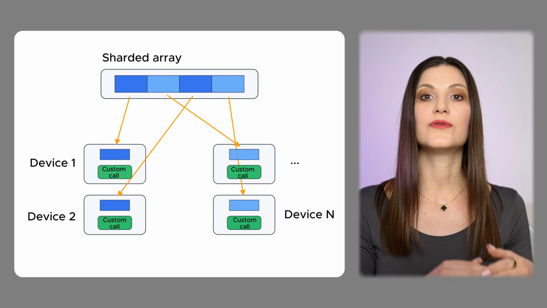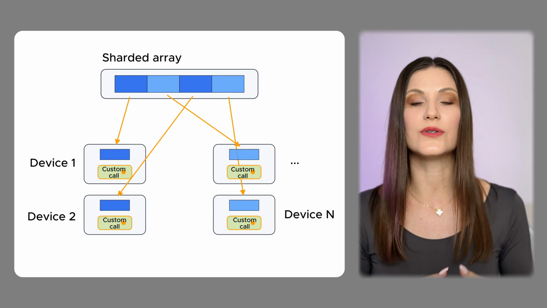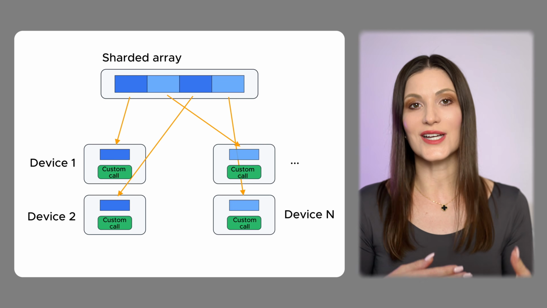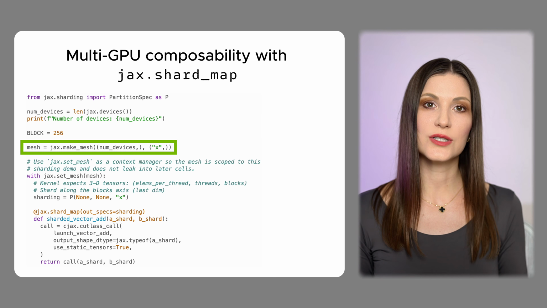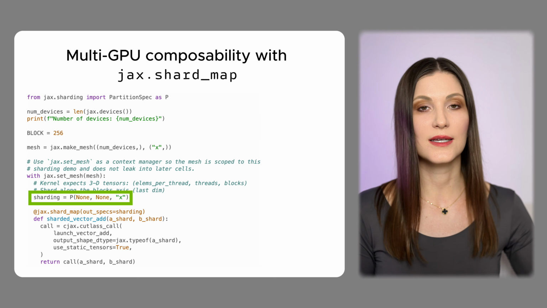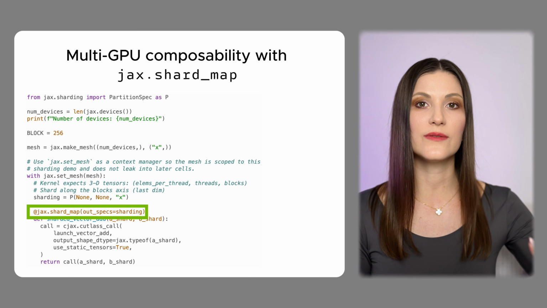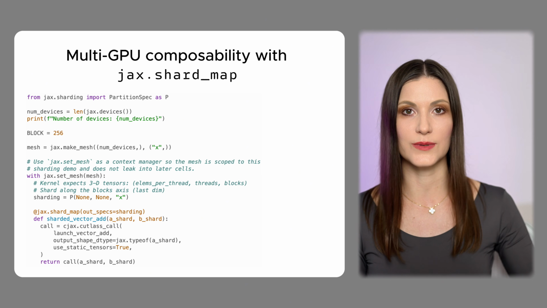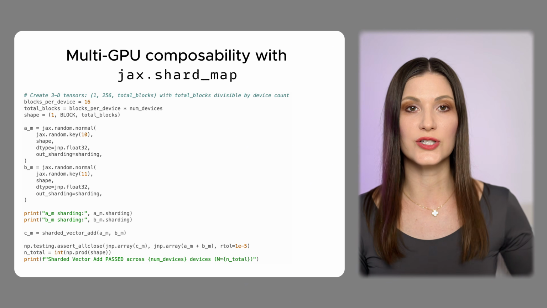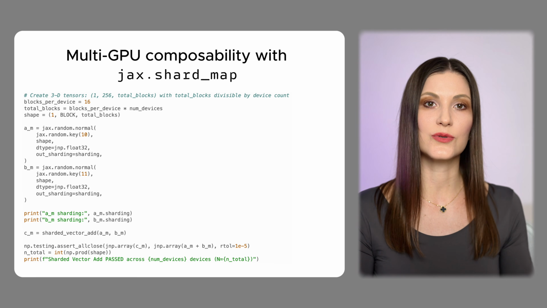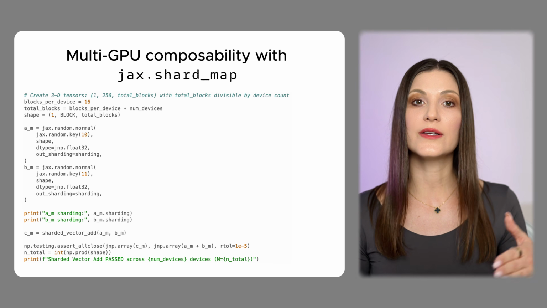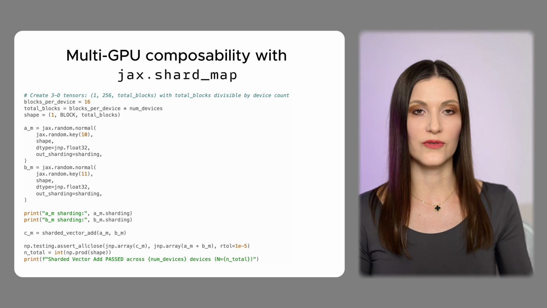Each device runs the same custom call on its local shard, and JAX handles coordination. So we create a device mesh, define sharding specs, and use shard_map to run vector add across multiple GPUs without changing the kernel code itself. That's a key selling point of doing this through JAX integration rather than launching CUDA kernels out of band.